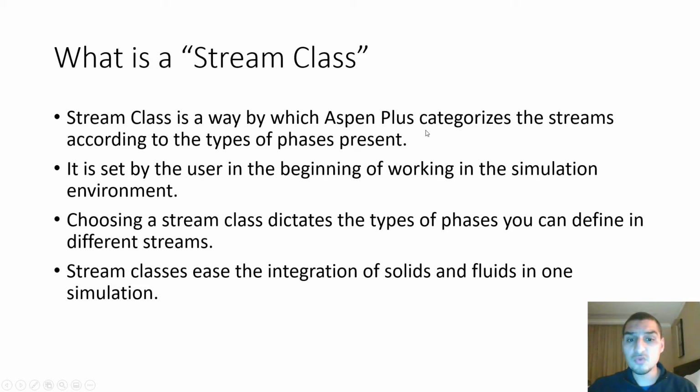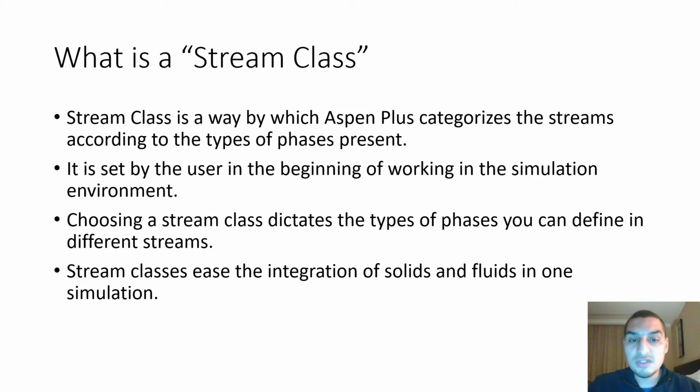I can choose any stream class, and we will see the stream classes in the next two slides. In the stream classes, you can tell the software which types of substreams this stream class opens. The default is the conventional stream class, so it lets the user only define the conventional or mixed phase, which is the liquid and vapor phases.